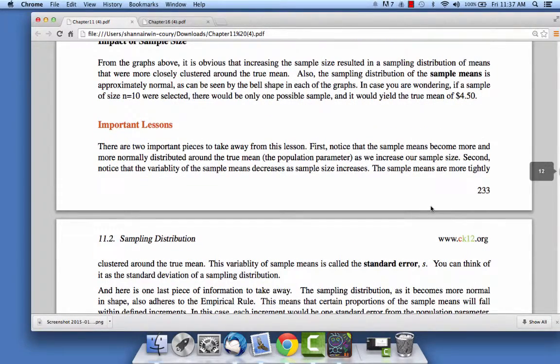So what happens is that as you increase the sample size, it gets more and more normal, and you can calculate what we call a standard error. So if you're just looking at a list of values, and you don't look at averages or percentages or anything else like that, it's called a standard deviation.